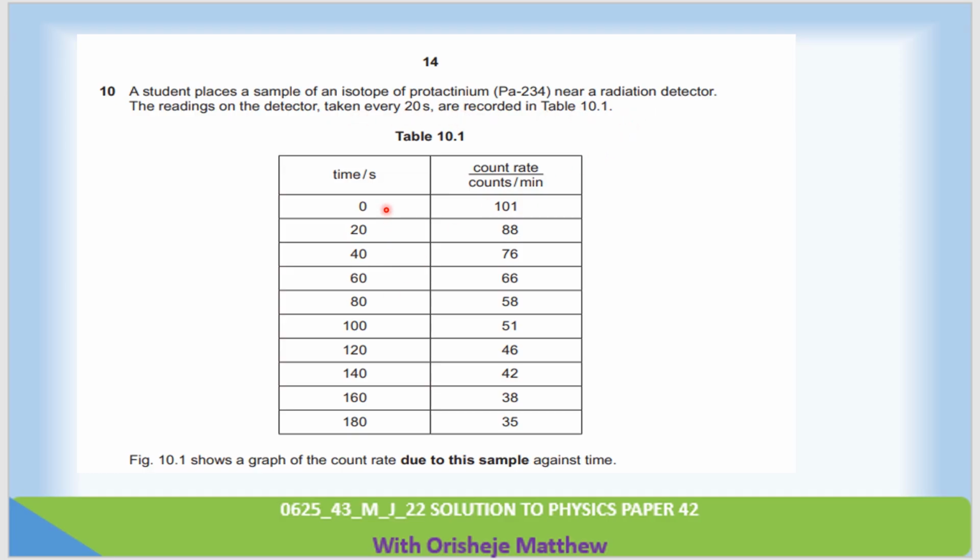So when it was 0, what was the count rate? 101. 20 becomes 88, 40 is 76, 60 is 66. Now show a graph of the count rate due to this sample against time.